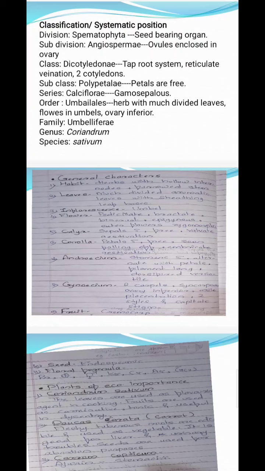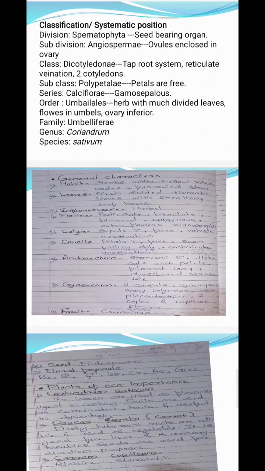It has 2 carpels, syncarpous, that means the carpels are joined. The ovary is inferior, that means all floral parts are arranged above the ovary. And then axile placentation, these ovaries are attached to the center, that is axile placentation.